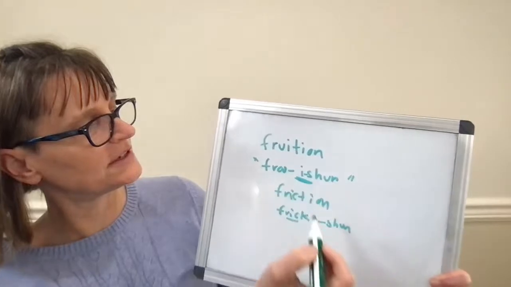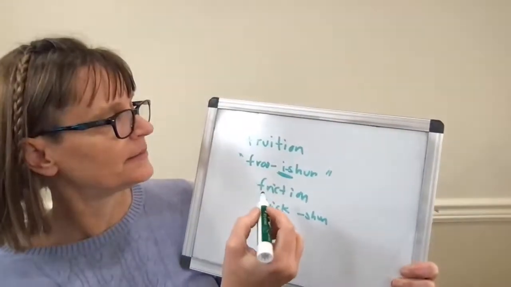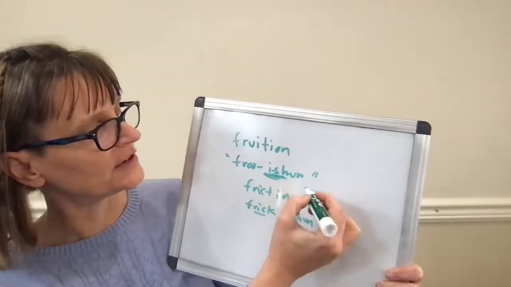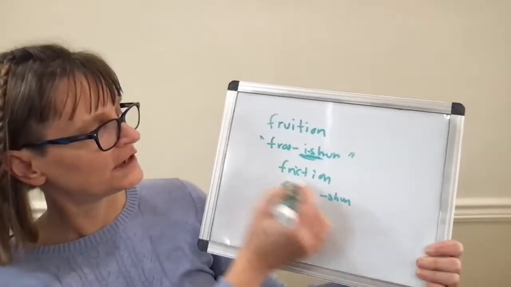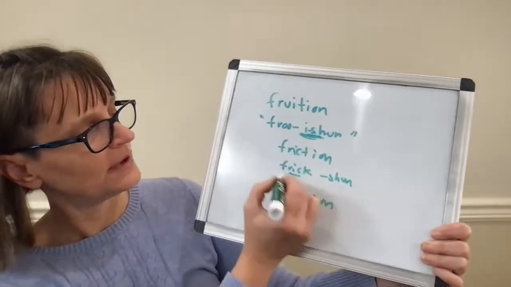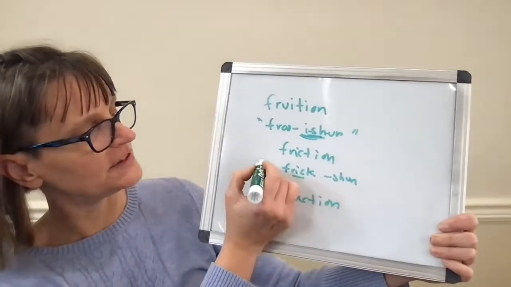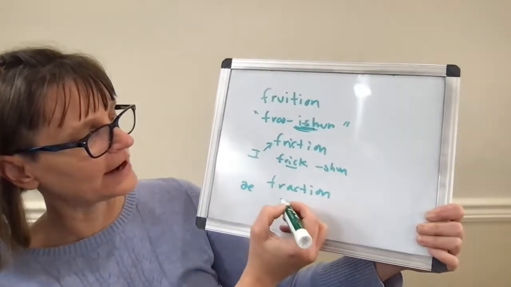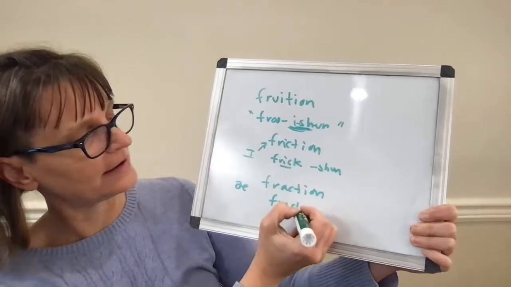Fruition, stressed in the middle. So I would say the ish is probably 1 syllable and then it breaks there. Fruition. Friction, first syllable stress, and then fraction, we have the ah vowel. So this is the if vowel for friction and the ah black cat vowel for fraction.